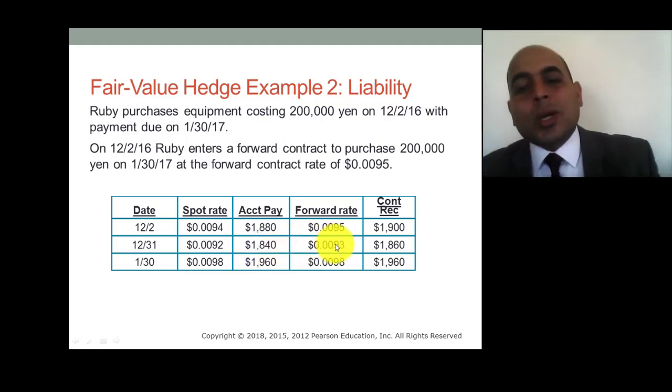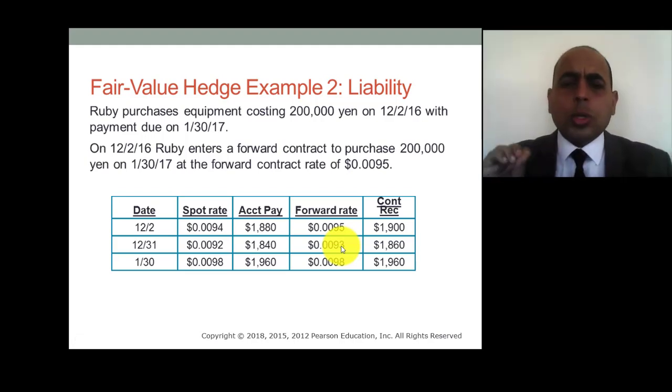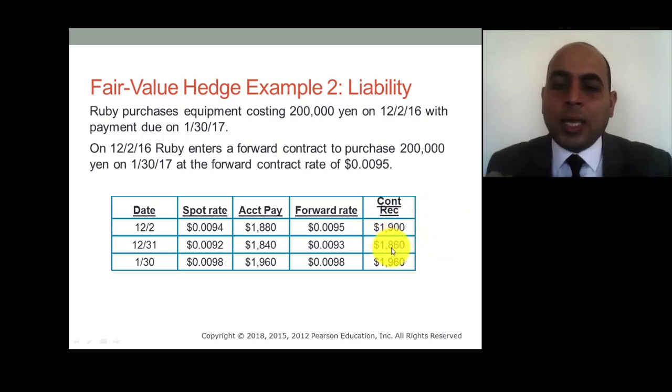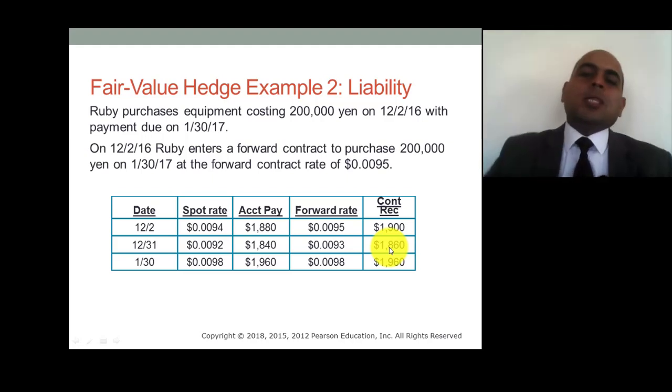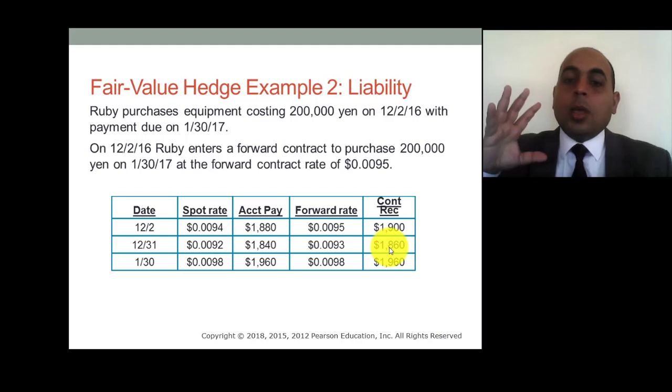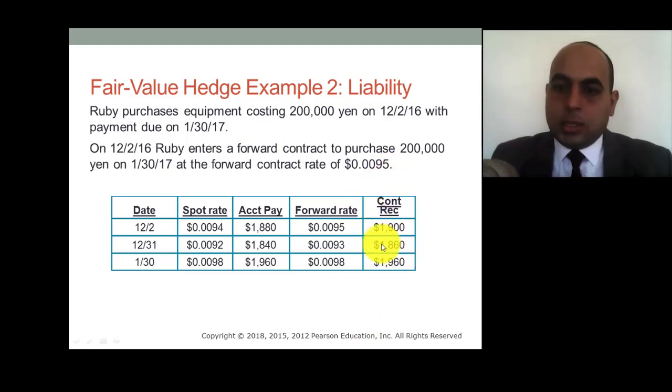Let us move to see the result of entering into the forward contract. As we own a contract receivable adjusted to 1,860 on the date of preparing the financial statement, it means that we will receive 200,000 yen. We evaluated it on the date of preparing the financial statement at 1,860.